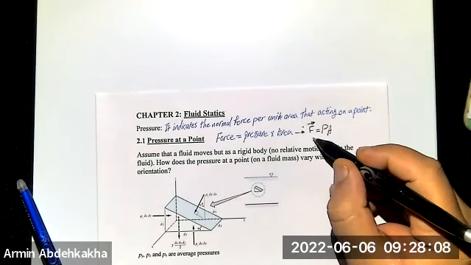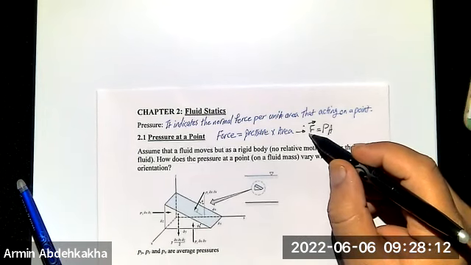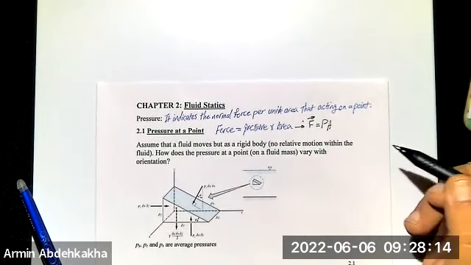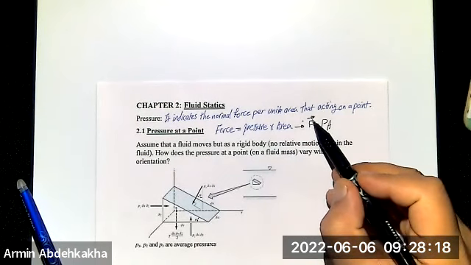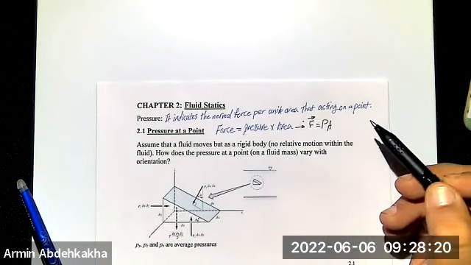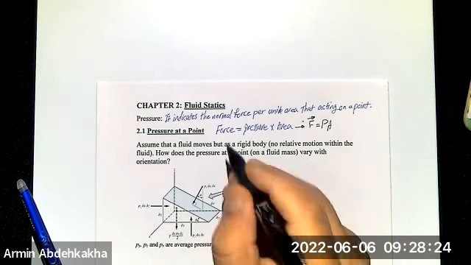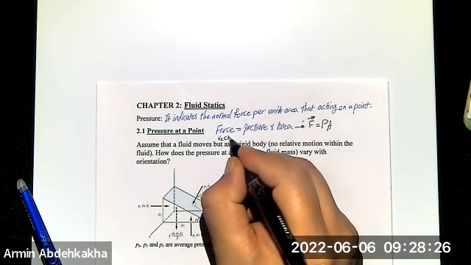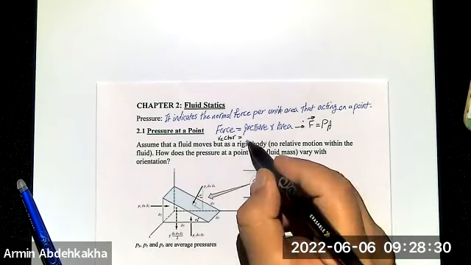Is the force a vector or not? As you see, I wrote a vector shape on top of it because the force has magnitude and direction. So force is a vector, but pressure is a scalar.